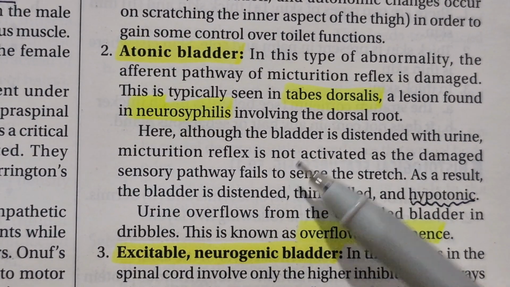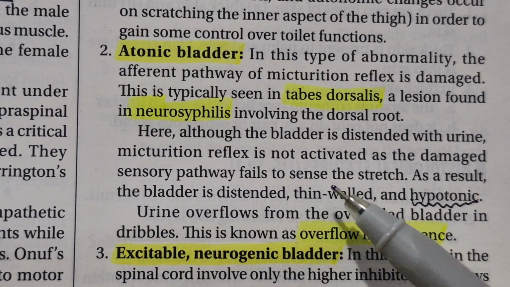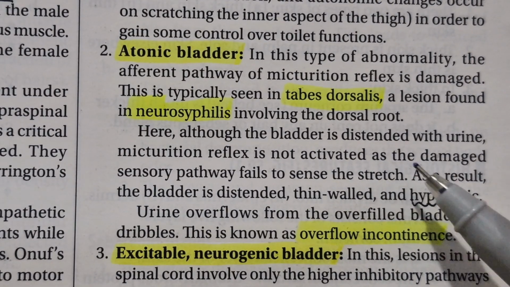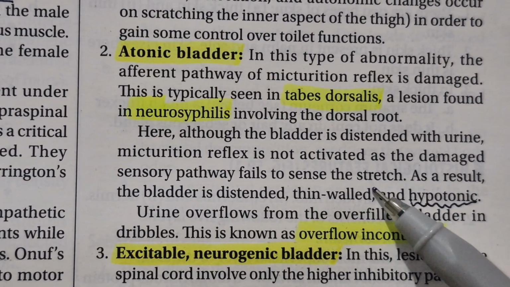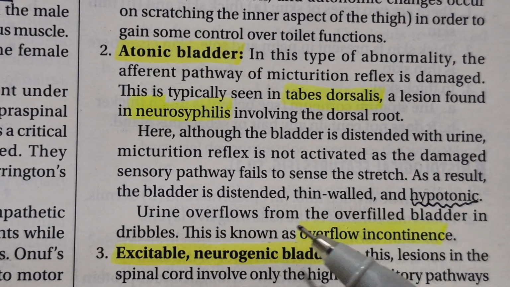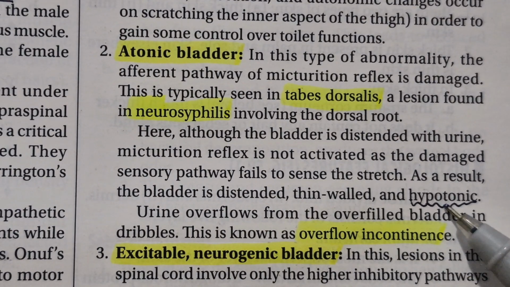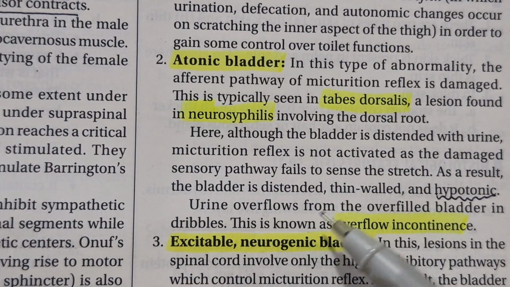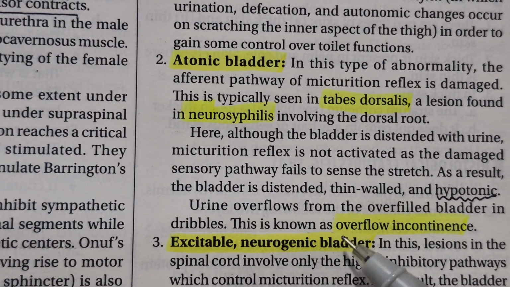Here, although the bladder is distended with urine, micturition reflex is not activated as the damaged sensory pathway fails to sense the stretch. As a result, the bladder is distended, thin-walled, and hypotonic. Urine overflows from the overfilled bladder in dribbles. This is known as overflow incontinence.